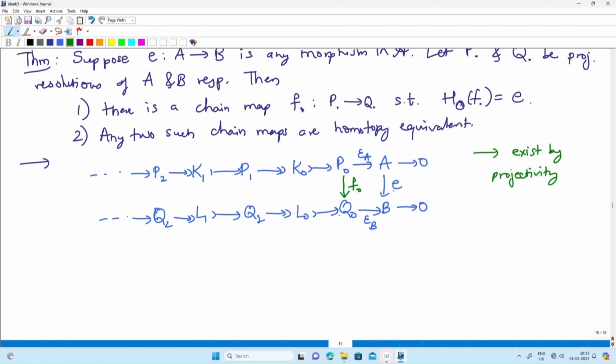So therefore this way is 0. So then what can you say? That this F0 followed by this kernel map must factor through the kernel of epsilon B. So therefore that's your next factorization. So the red arrow exists by factorization through kernel.